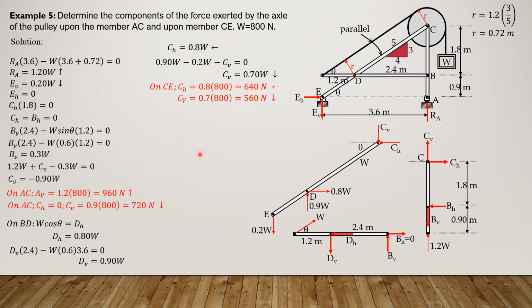You may check by summing up moment about C. So 0.8 W times 1.8 clockwise plus 0.2 W times 3.6, then minus 0.9 W times 2.4. It should be 0 to confirm our answers.